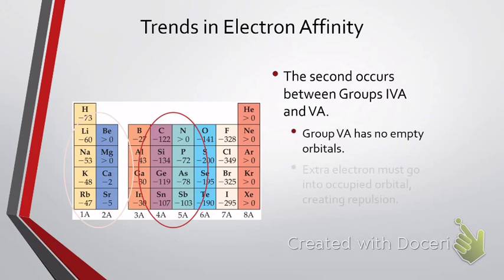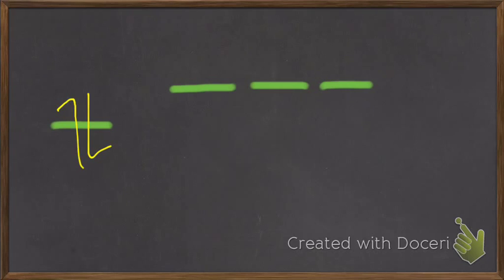Likewise, the second one happens between groups 4A and 5A. This one's really quite simple, because group 5A has no empty orbitals, so the extra electron has to go into a p orbital that already has an electron in it. So what do I mean by that? Group 5A means it's going to have 5 electrons: 1, 2, 3, 4, 5.